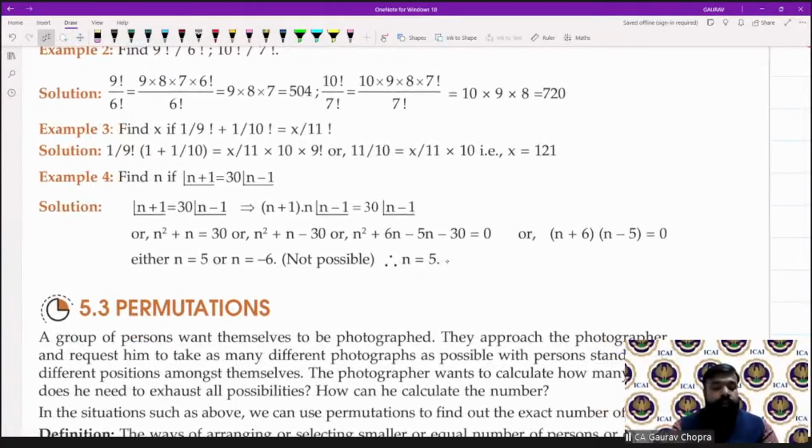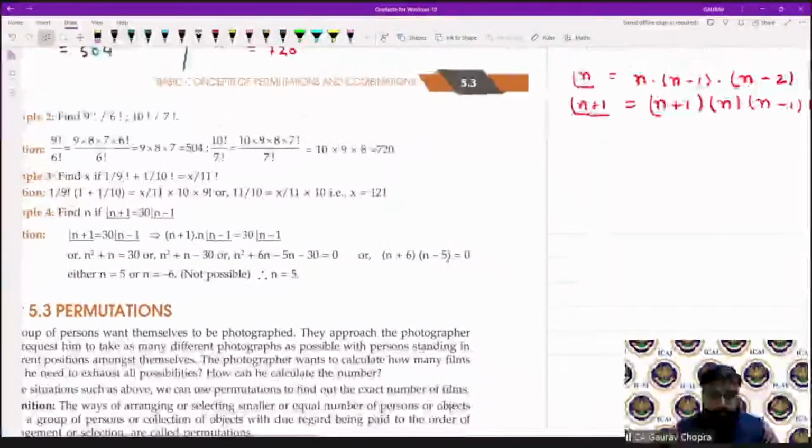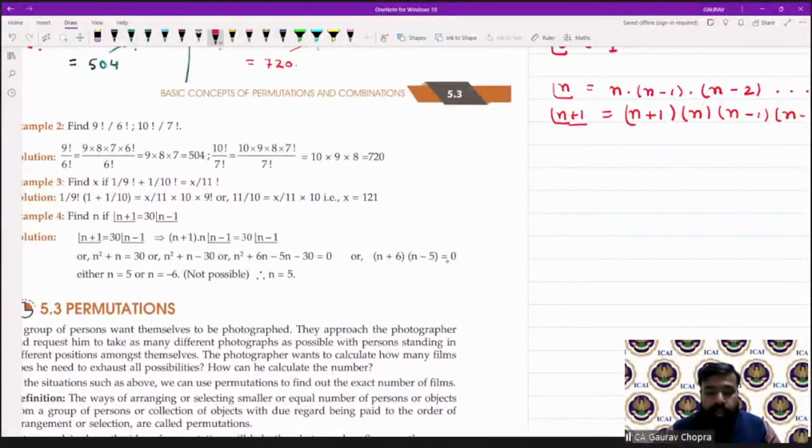Then example number 3. This time we have to find x, and some values are given. Okay, so let's try. It says 1 upon 9 factorial plus 1 upon 10 factorial is equal to x upon 11 factorial.